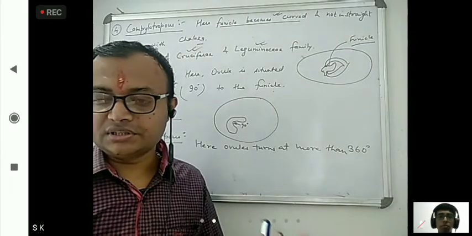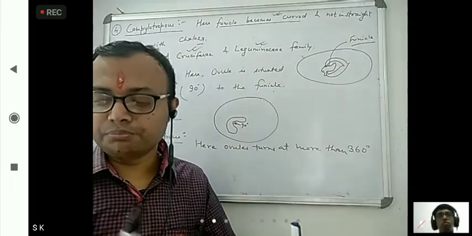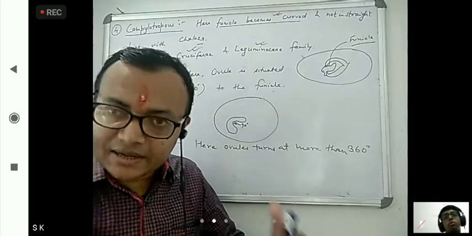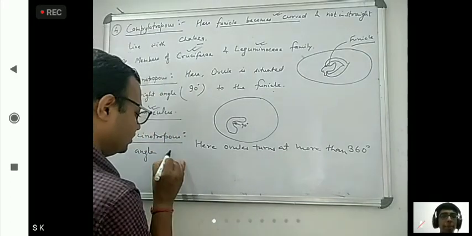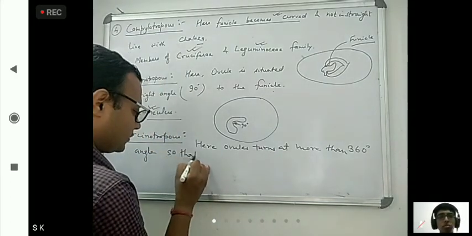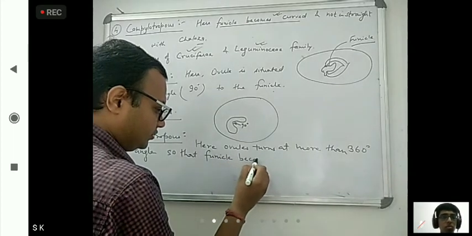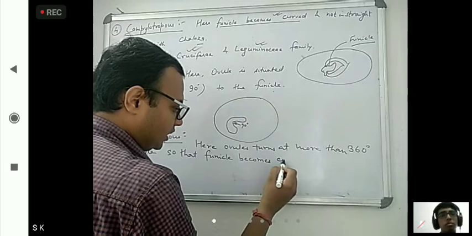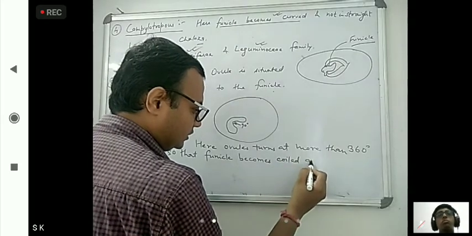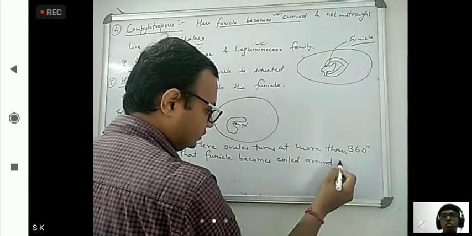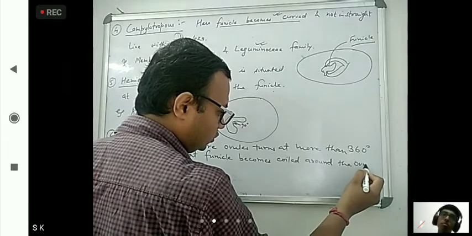So what happens? Funicle becomes coiled around the ovule.